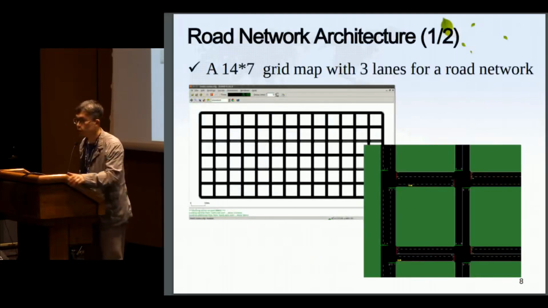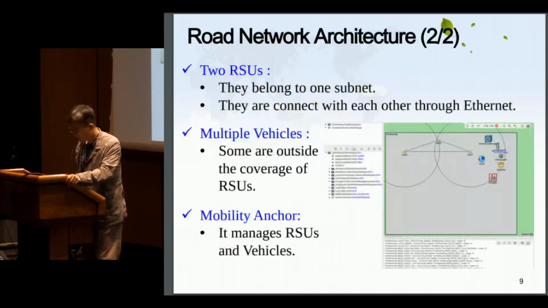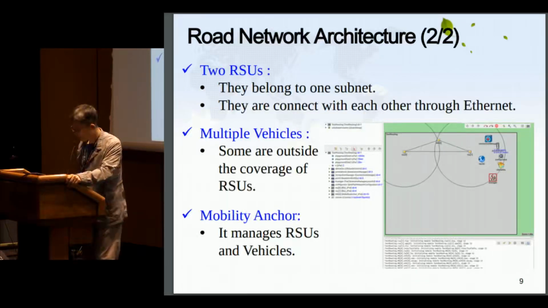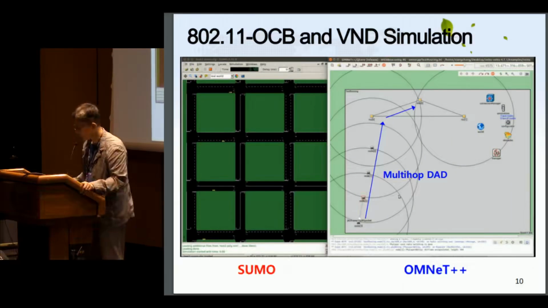We proved this using simulation. This figure shows the SUMO road traffic simulator, and we also use OMNeT++ for the network simulator. You can see we are using 3-hop multi-hop DAD to reduce the DAD delay, and we can also start the TCP connection quickly.